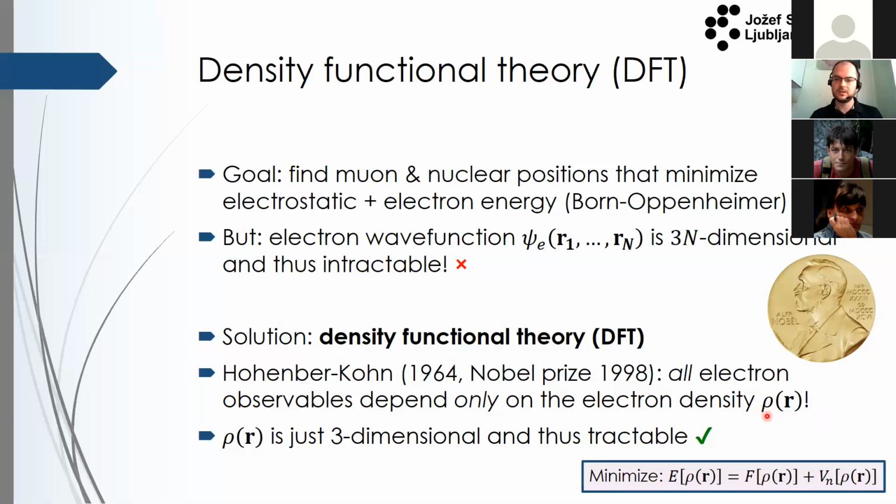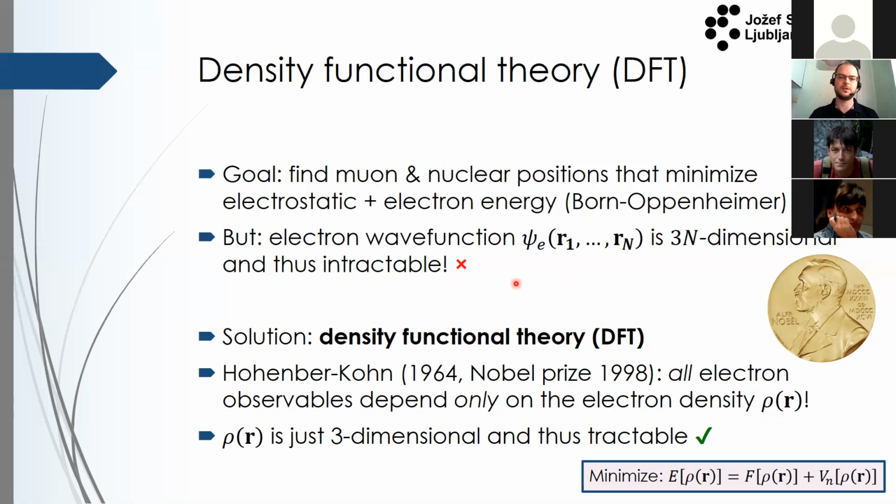So it's a function of only 3 dimensions: x, y, and z. For every point in space, we have to specify the probability density of finding one or any electron in that small volume of space. And that's in principle enough to reconstruct the whole Hamiltonian that has this density as the ground state density. And from the Hamiltonian, in principle, everything else could be calculated.